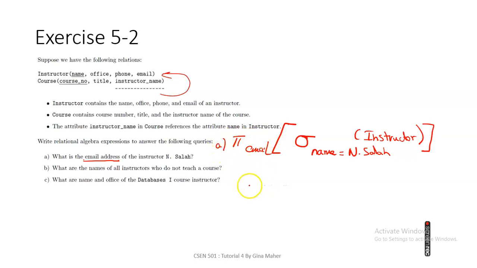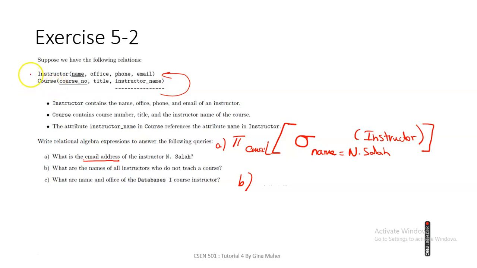Okay? The next one, B. What are the names of all instructors who do not teach a course? So we want to get the instructors that do not teach any course. We have a table with all instructors and a table of all of the courses, and in this one we have a foreign key which references the name. So here in this relation, in each row we have the name of the instructor that gives this course.